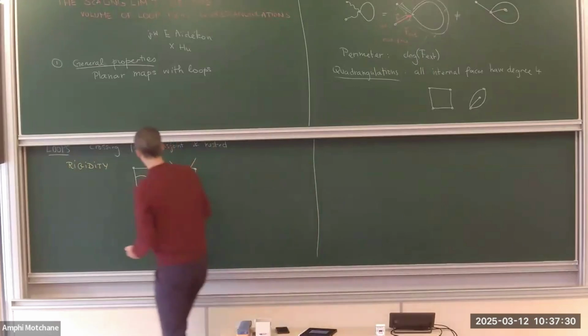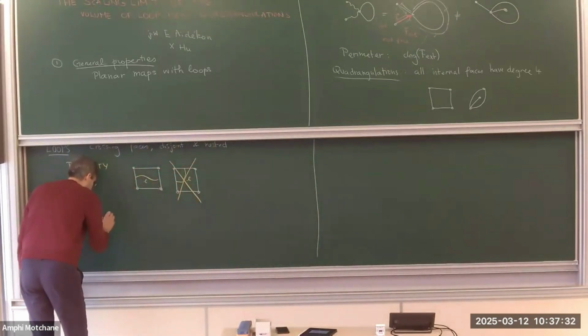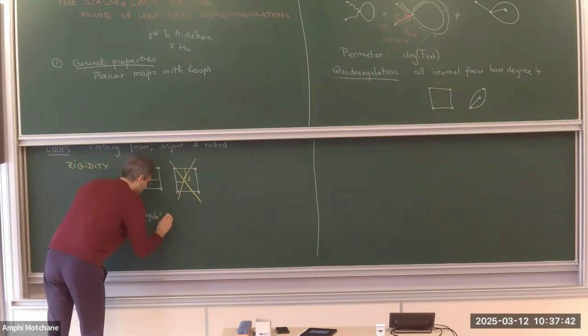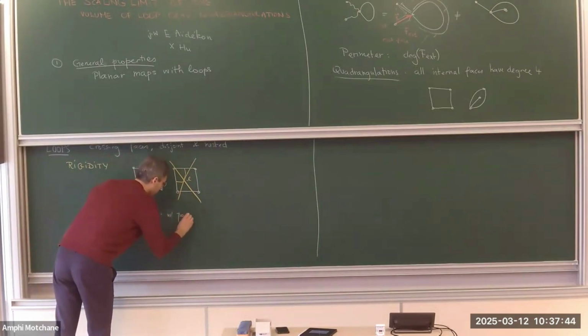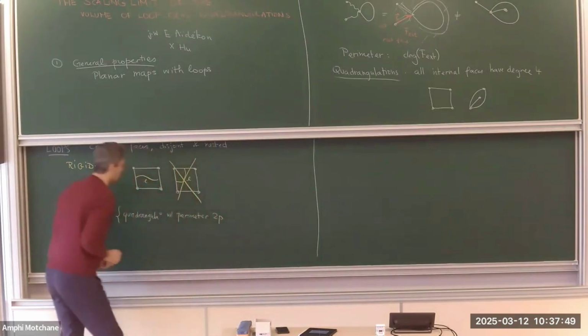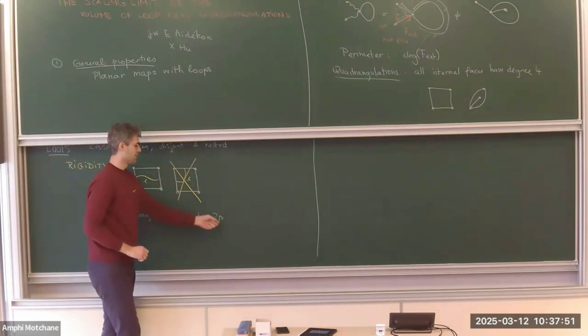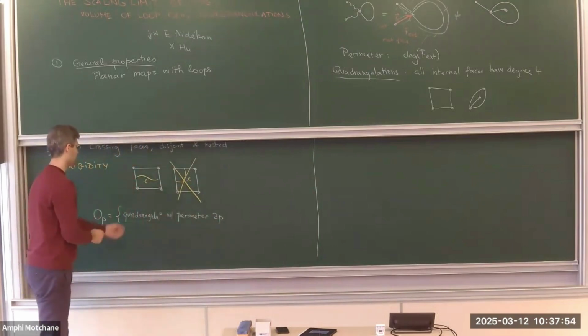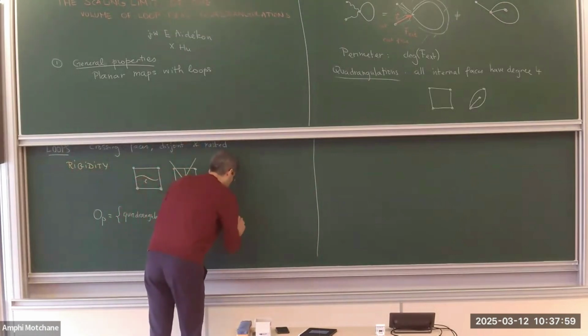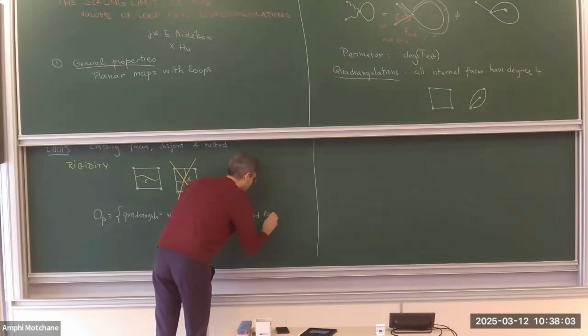And this is going to give me a sample space. It's going to give me a set of quadrangulations with fixed perimeter, call it 2p, because it's always even, since we're looking at quadrangulations, with a collection of rigid loops on top.